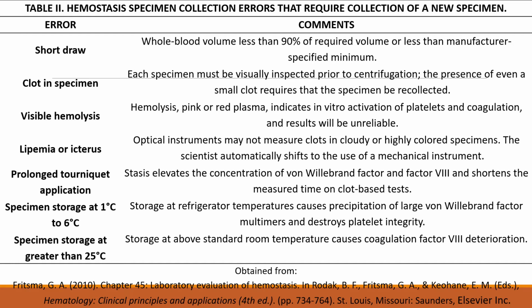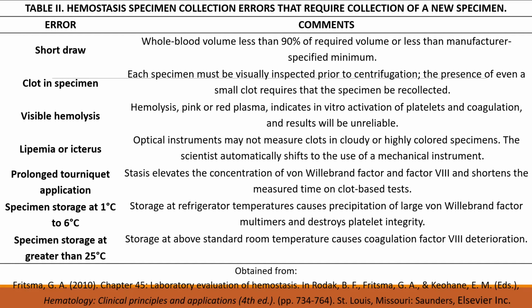Next, presence of visible hemolysis, as indicated by the red or pinkish discoloration of the plasma, would indicate in vitro activation of the platelets and also the coagulation cascade, which means the results would be unreliable. Next, you have if the sample is lipemic or icteric. Optical instruments may not measure clots in cloudy or highly colored specimens, so the laboratory scientist would automatically shift to the use of a mechanical instrument.